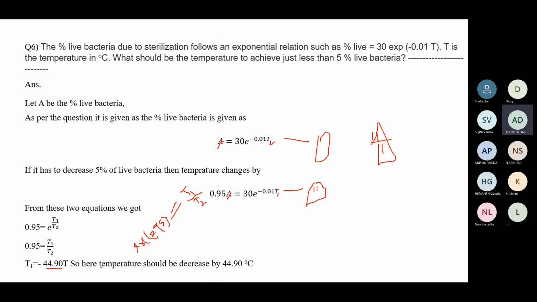Does anyone have any doubt in this question? How are we taking it as 0.95, ma'am? I didn't understand that. Okay, so basically in the question it is mentioned to achieve just less than 5% live bacteria. So we consider the overall bacteria will be 100.